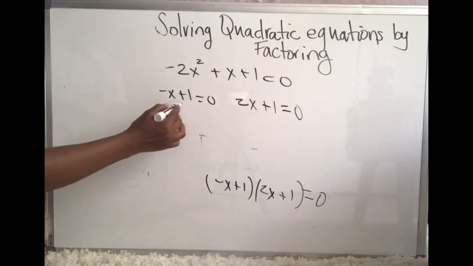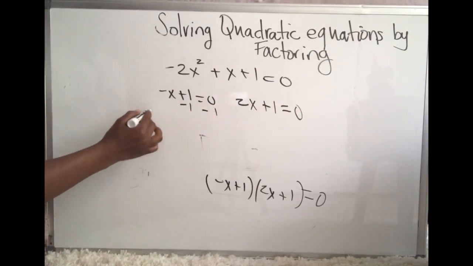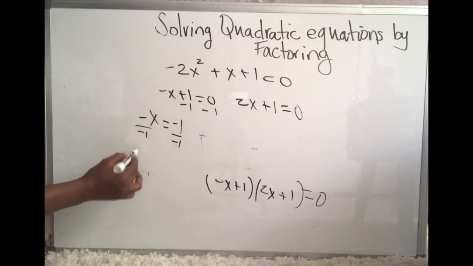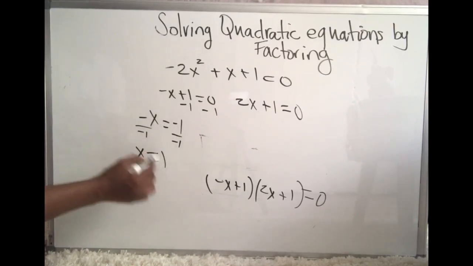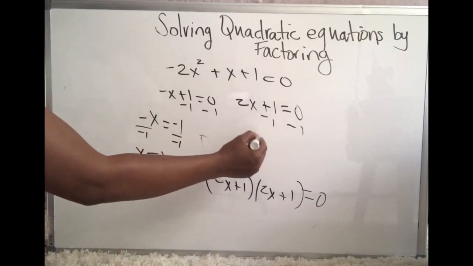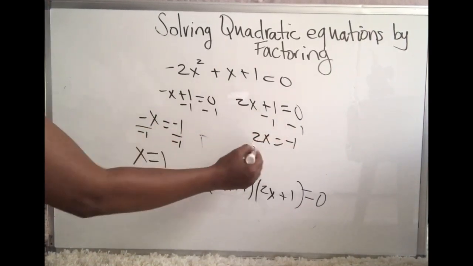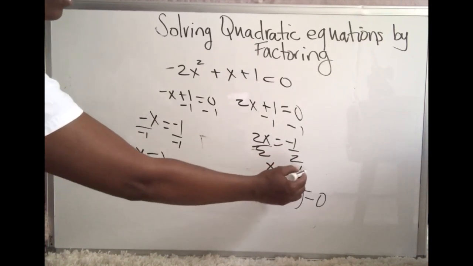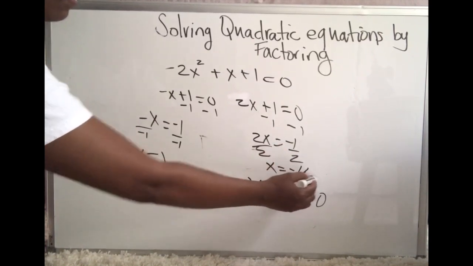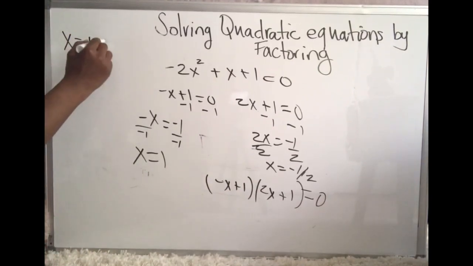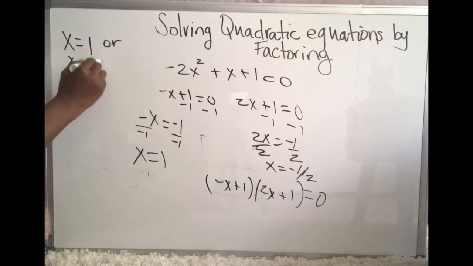So now I subtract my 1, and I have negative x equals negative 1. I need a positive x, so I'm going to divide both sides by negative 1, and I get x equals 1. And then this one, subtract 1. I get 2x equals negative 1. I divide by my 2. I get x equals negative 1/2. So the answer is x equals 1 or x equals negative 1/2.